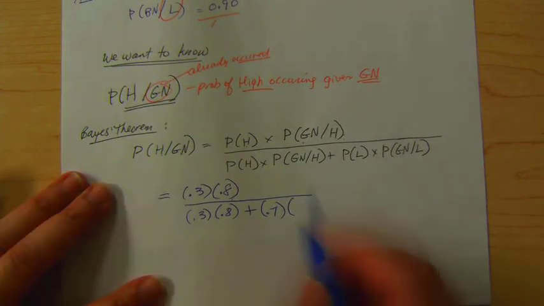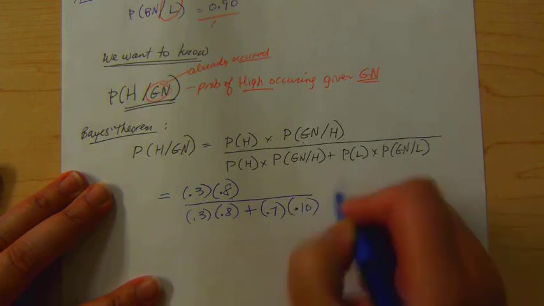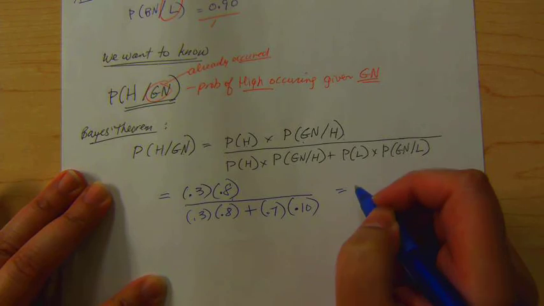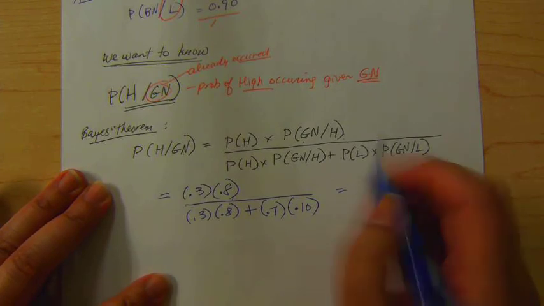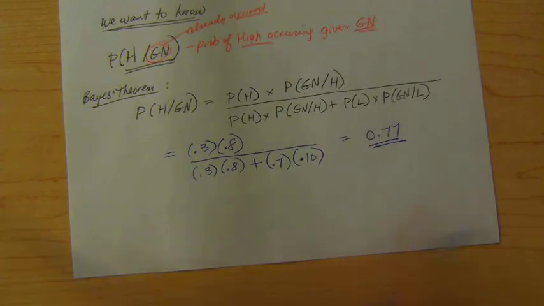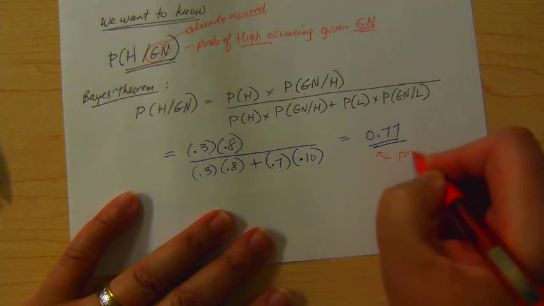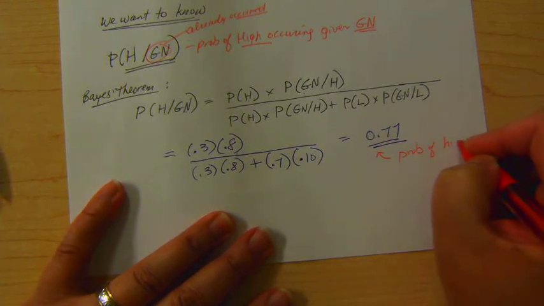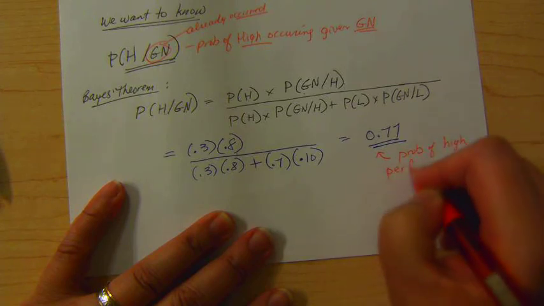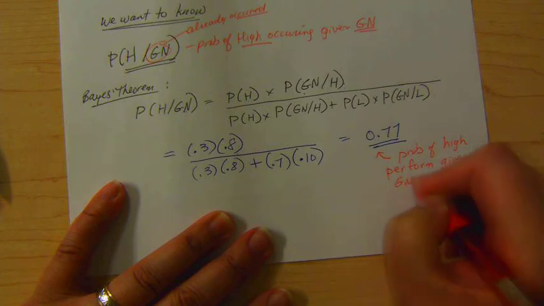So 0.7 times, it is low, it's 0.1. And we get 0.77. So that is the probability of high performance given good news has occurred.